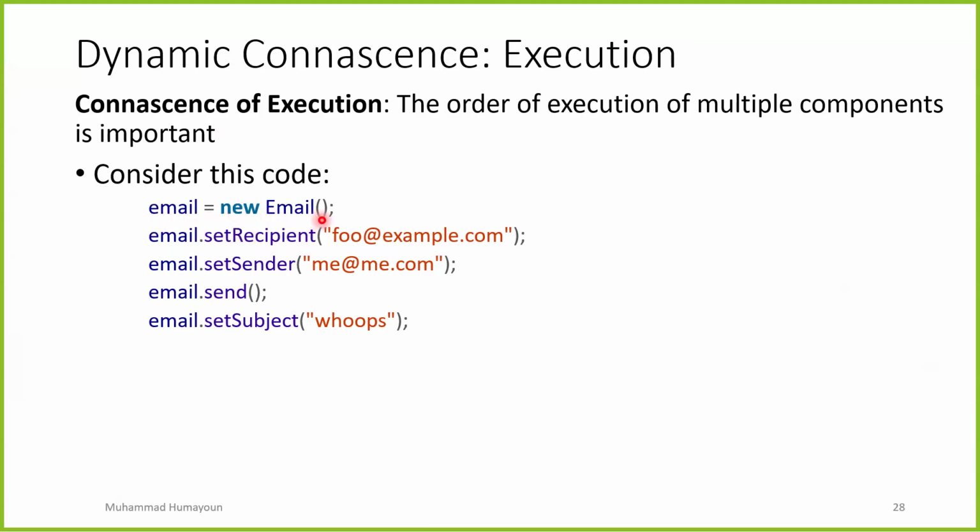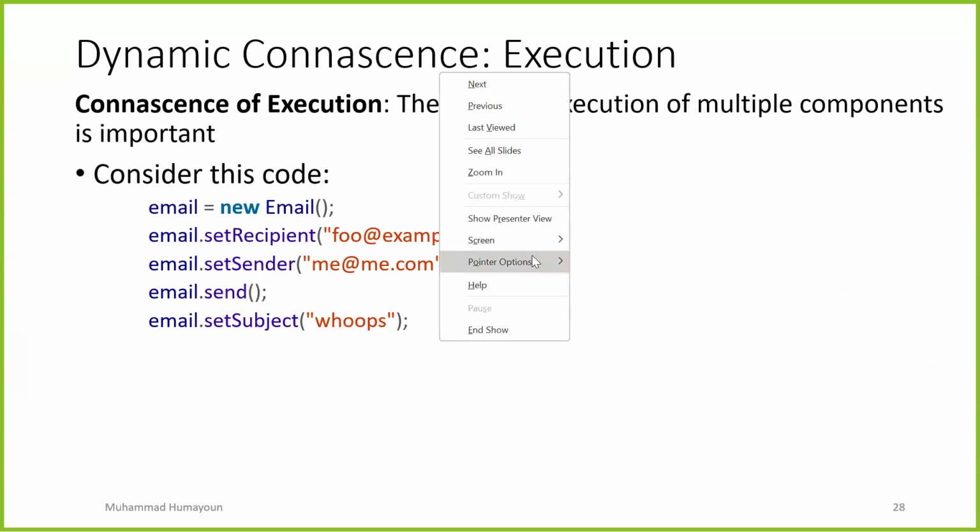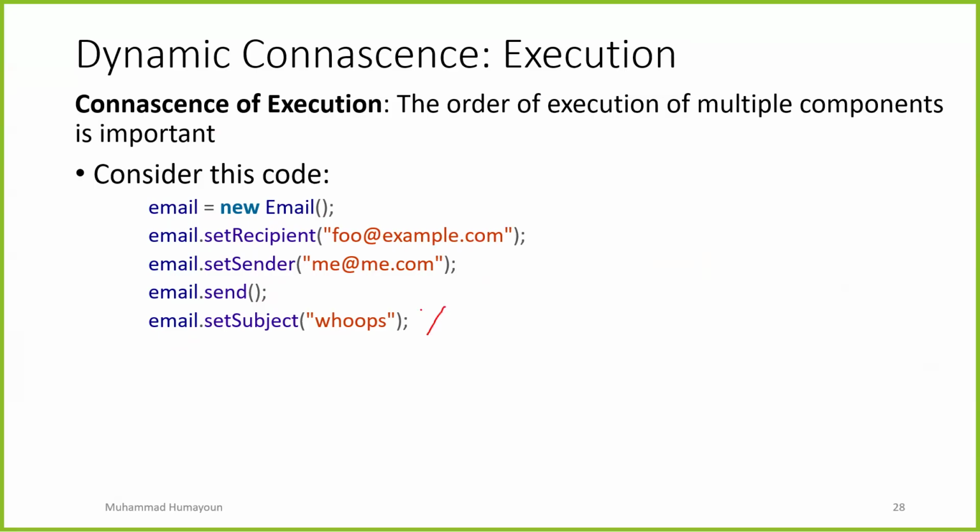So we create a new email like that, then we set the recipient, then we set the sender, and then we just send that email. And then afterwards we set the subject. Of course, we would never reach that. So this is lost.